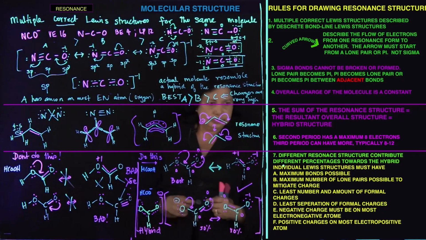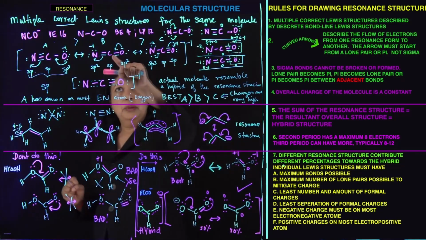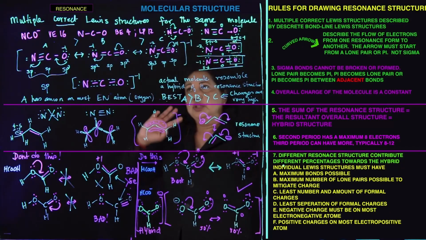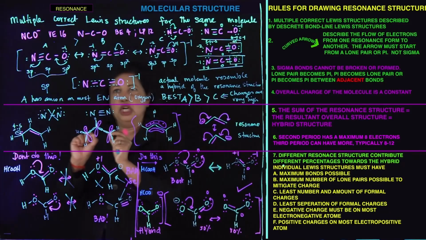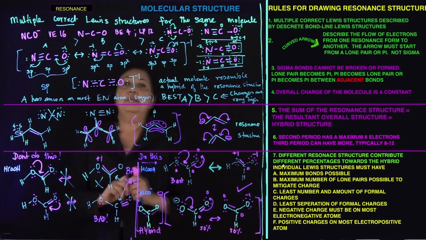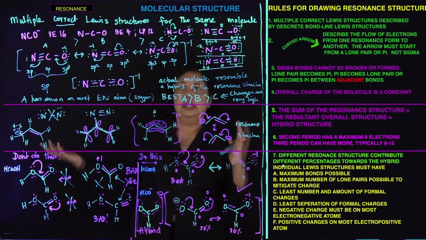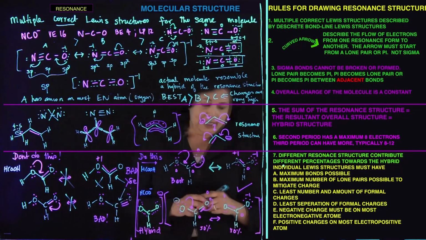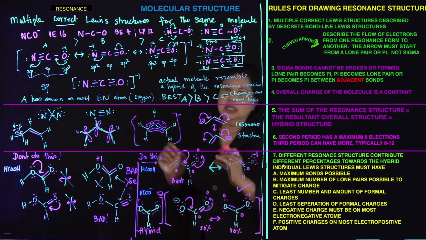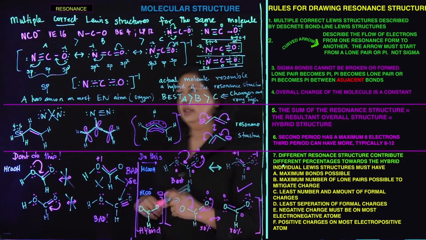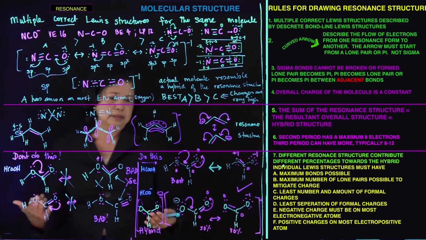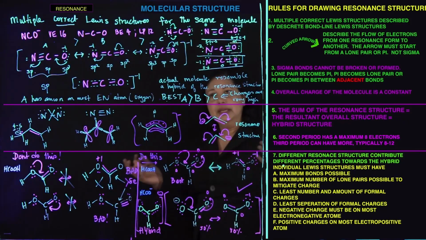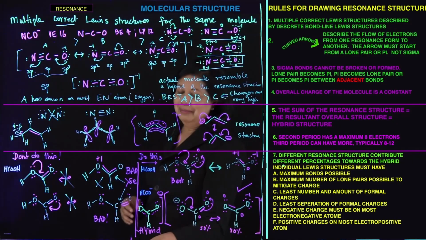Things that have +1, -1 are better than things that have like +2, -2. So minimal charge is better. The best structure would be where everything is neutral and in resonance, but you don't always see that. So minimal charge is the best. And then you need to have as many bonds as possible and lone pairs as possible, and then you should have the minimal charge possible.